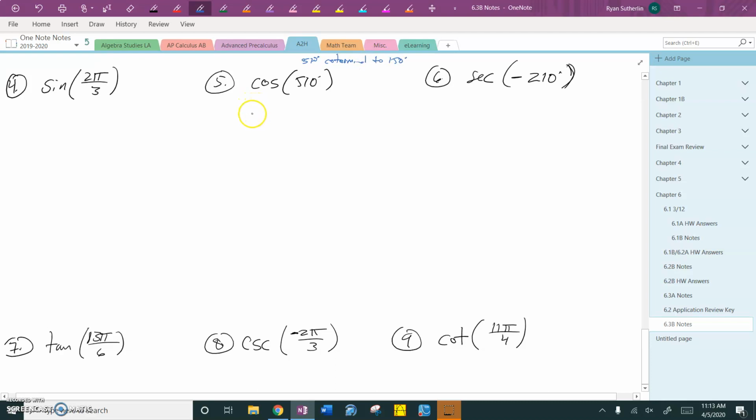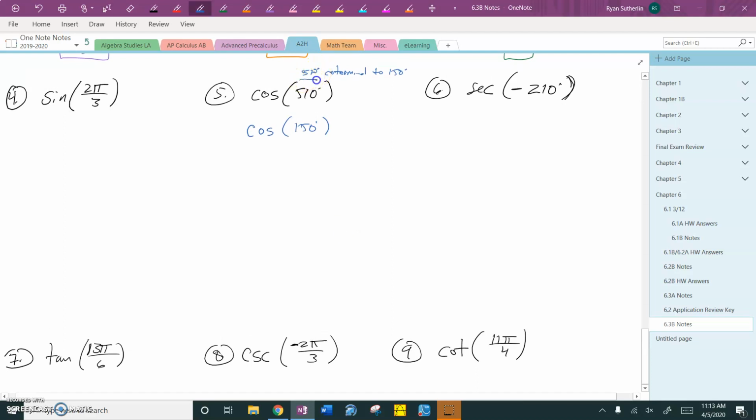So cosine of 510 is the same thing as finding cosine of 150. That's your hint for that one. And that's why we spent that time in the first part on coterminal angles. So try these 6 problems. When you're done, unpause the video and I will go through each of the solutions.